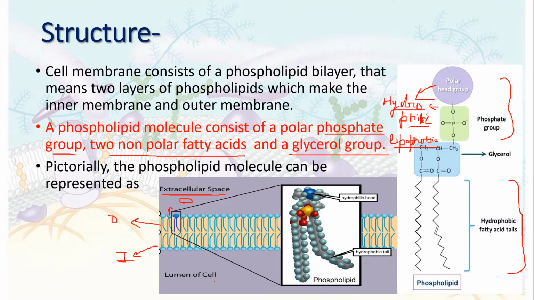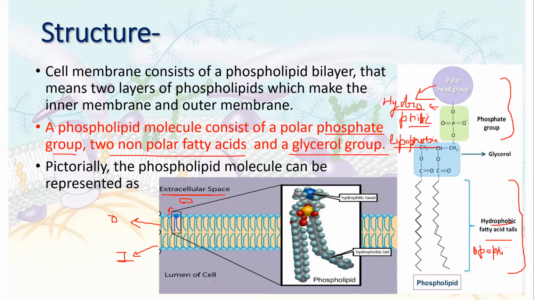Now the two fatty acid chains form the tail, and these are hydrophobic in nature. So we can say these are lipophilic. They have attraction towards the fats.